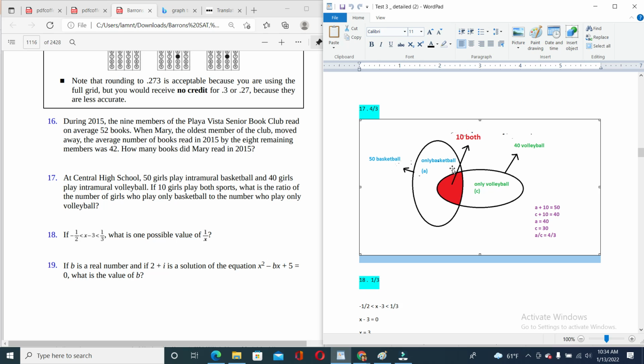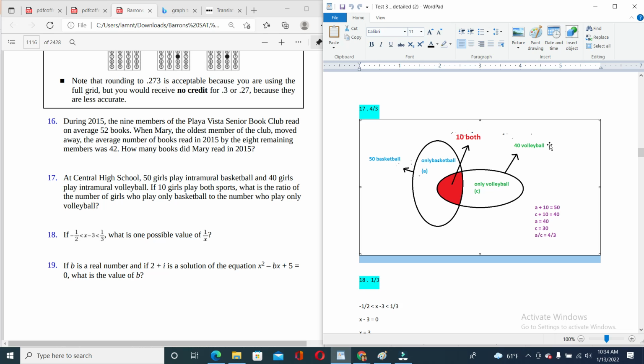The vertical circle represents the girls who play basketball. The big vertical circle is the number of girls who play basketball, and there are 50 of them. The horizontal circle denotes the girls who play volleyball, 40 of them.